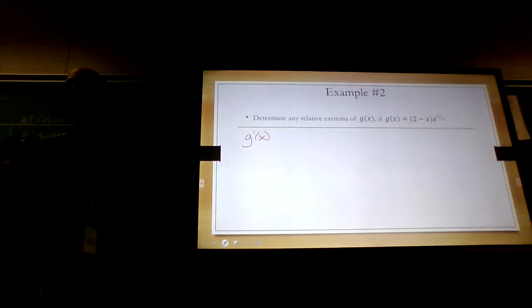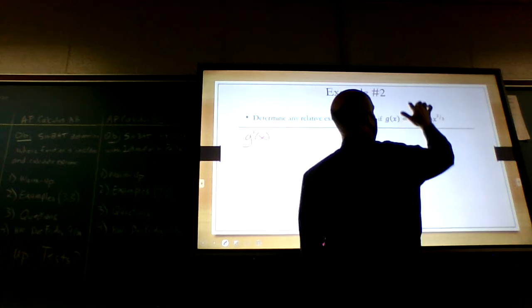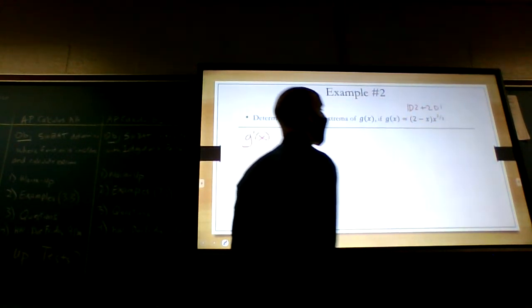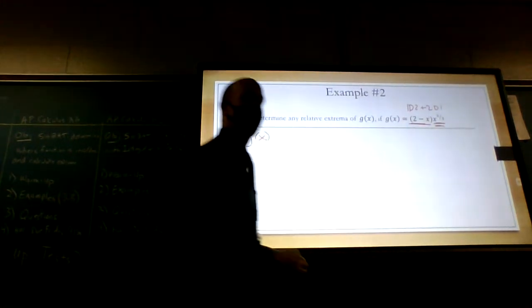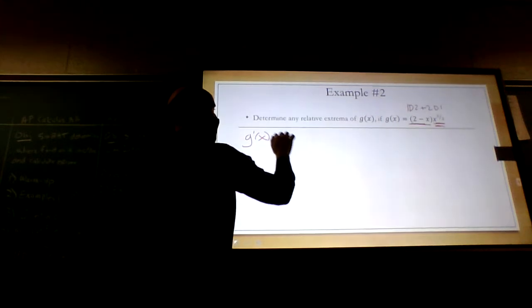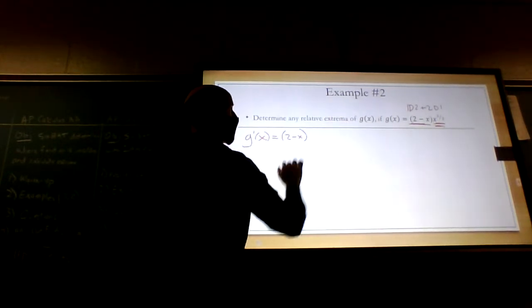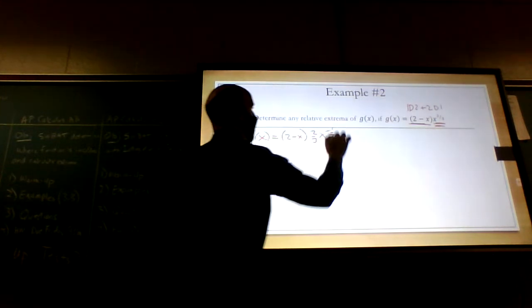Yeah, let's do product rule. Okay, product rule it is. So remember, product rule, you got to do 1d2 plus 2d1, right? This is 1, this is 2. Agreed? Okay, so g prime is 1, which is 2 minus x, and then I got to do the derivative of 2, which is going to be 2/3 x to the negative 1/3.